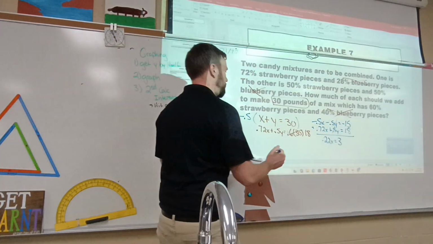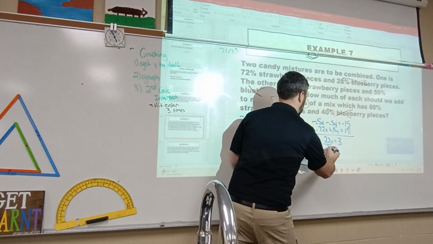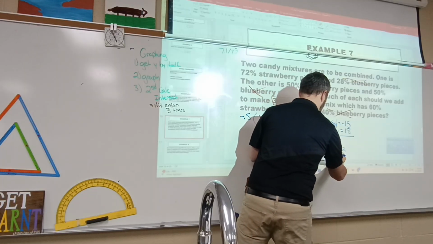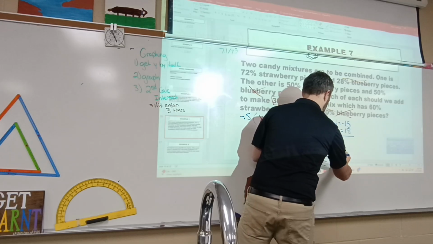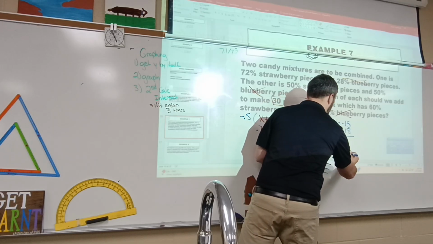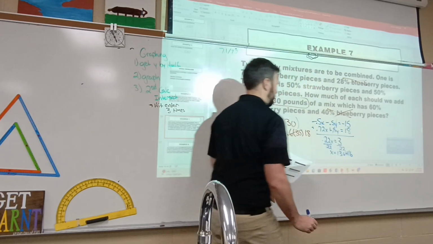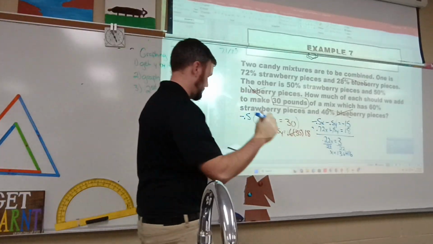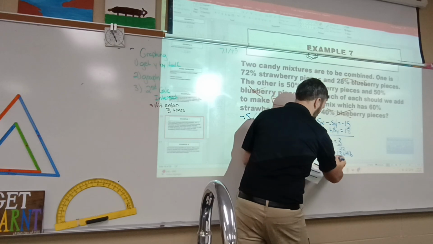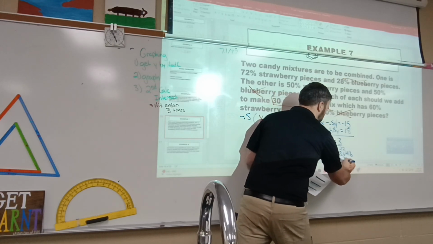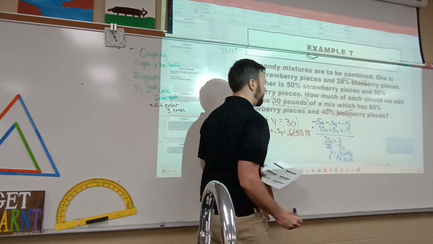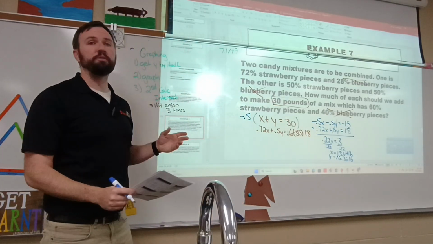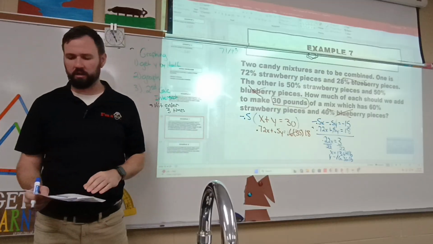Because honestly, you divide by 0.22, and I got x equals 13.64 pounds. And that also means then y would be 16.36 because they have to add up to 30. So honestly, with these, elimination might be quicker.